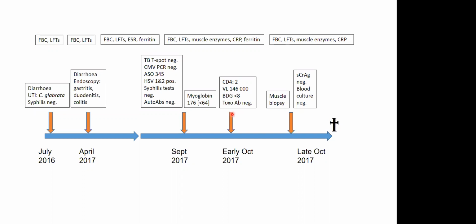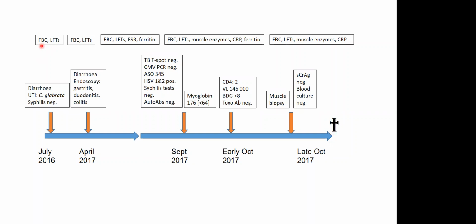This proceeded to a muscle ultrasound, and a mass was found and a biopsy done. At this point, blood cultures were negative, and CrAg was negative on blood. And she demised towards the end of October.